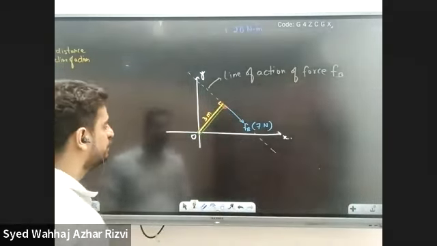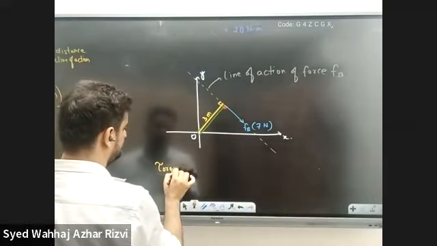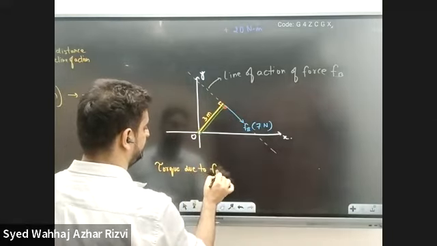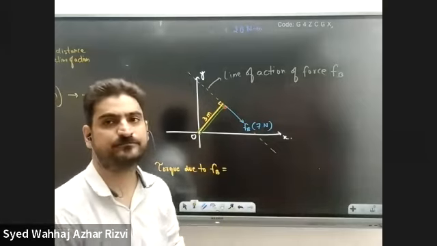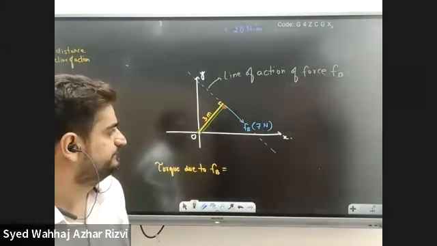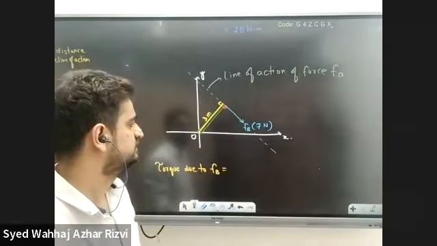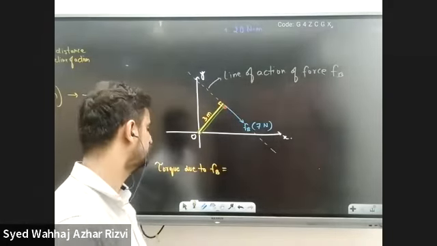So what would be the torque due to FB? Can you tell me? Tell me what would be the turning effect, the torque.